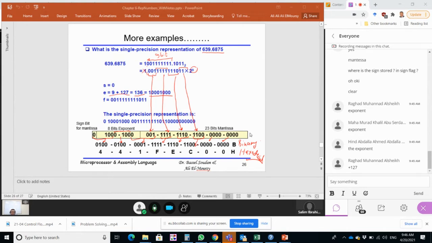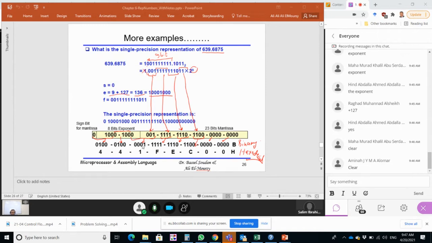This is the 32 bits of this single precision floating point representation for the original decimal number as we see above. Agree? Make sense? Any questions? Any doubts?